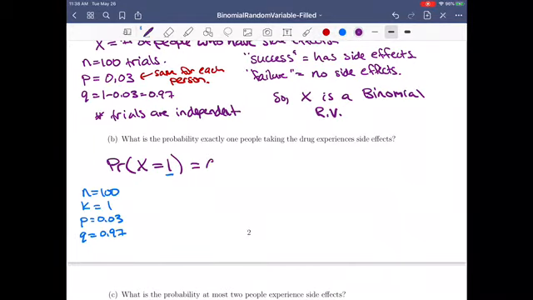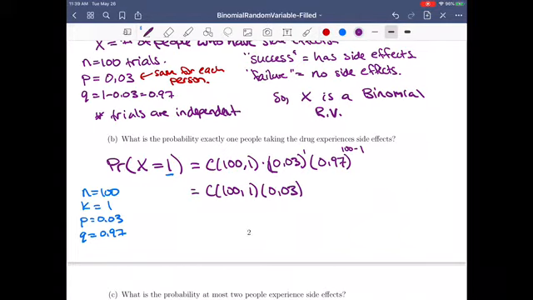So it's going to be 100 choose 1, times 0.03 to the power 1, times 0.97 to the 100 minus 1, which is the power 99.